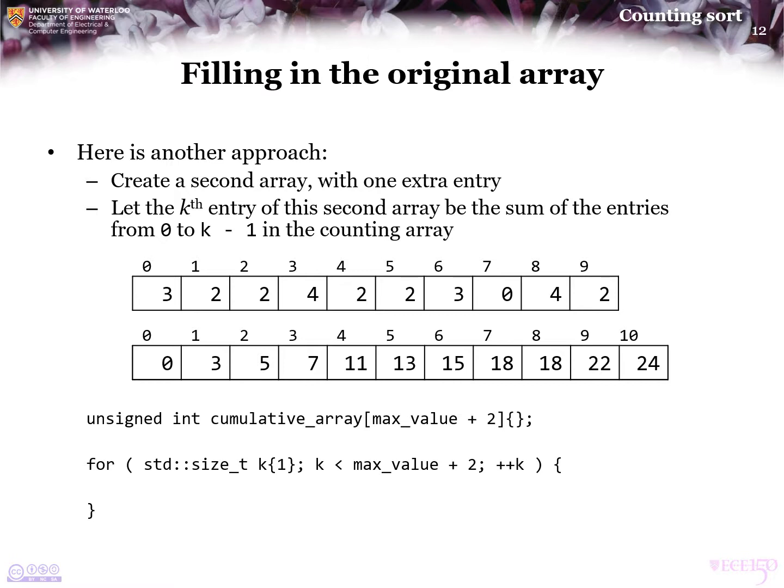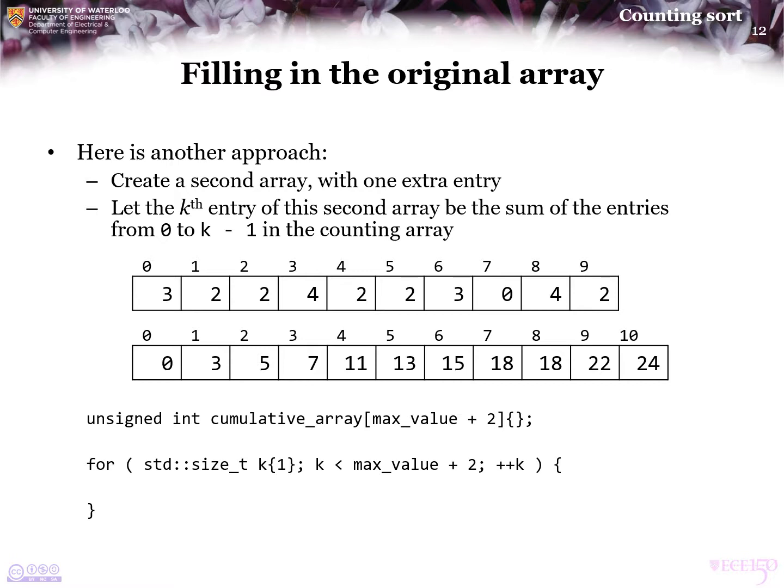Now, the hard way of doing this would be to sum up the values from index 0 to index k minus 1 in the original array. That's going to be a little bit expensive. So instead, you might note that, oh, wait a second. If the cumulative array has a value of 13 at index 5, then the value at index 6 is 15, which is 13 plus the value at index 5 of the counting array. 13 plus 2 is 15.